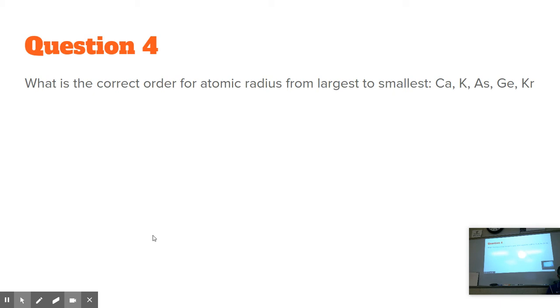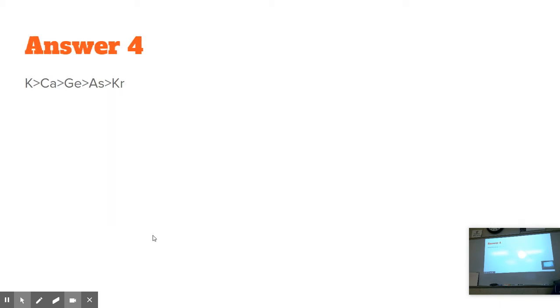Well, using your periodic table and your trends, the order should be this. Potassium, calcium, germanium, arsenic, and krypton. So take a look at those elements right there. You've got krypton, germanium, arsenic, potassium, and calcium.